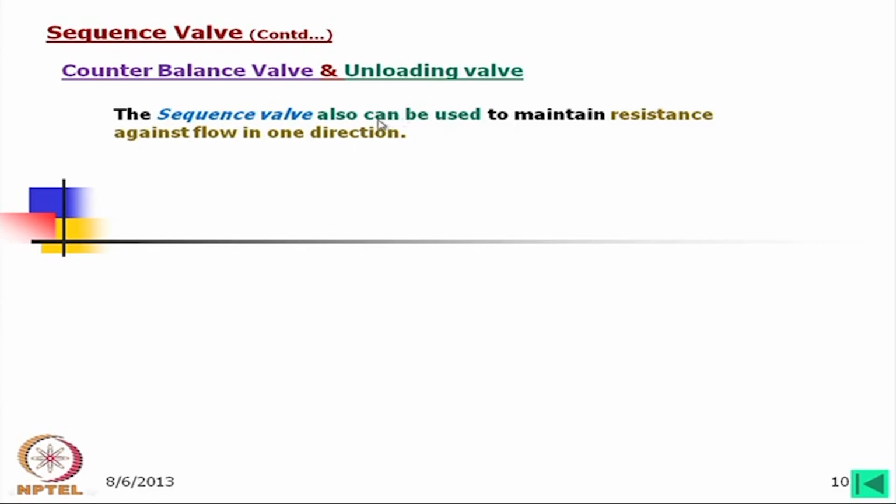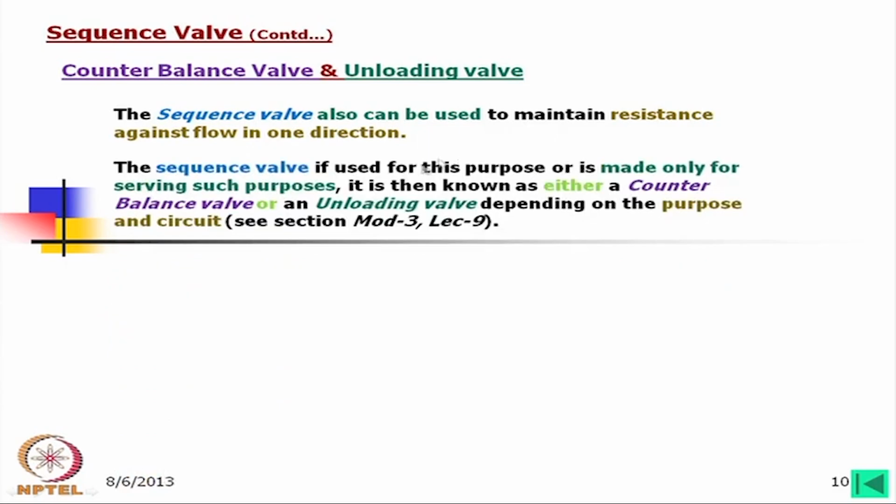Now, the sequence valve also can be used to maintain resistance against flow in one direction. The sequence valve, if used for this purpose or made only for serving such purposes, is then known as either a counterbalance valve or an unloading valve, depending on the purpose and circuit.